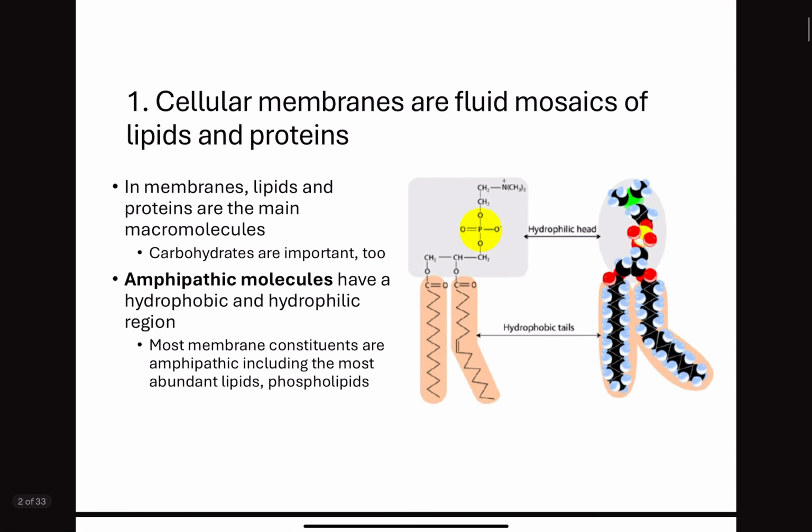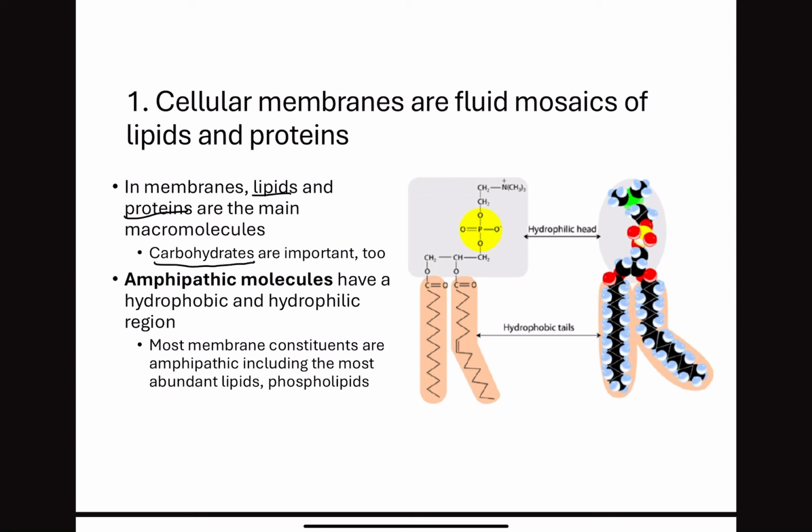So, our cell membranes are fluid mosaics of lipids and proteins. And what this means is that the main macromolecules that we have in our membranes are lipids and proteins, but carbohydrates are actually also very important. And phospholipids are the most abundant lipids in our membranes, and they are considered amphipathic molecules, right?